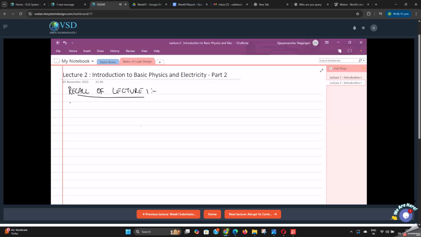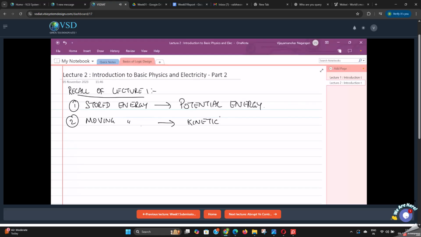So what we saw: stored energy is potential energy, correct? And moving energy is kinetic, correct?